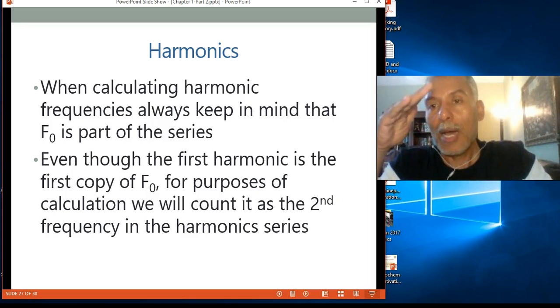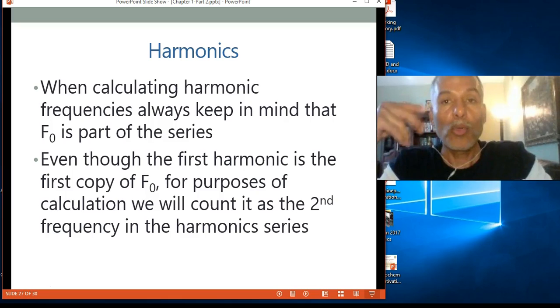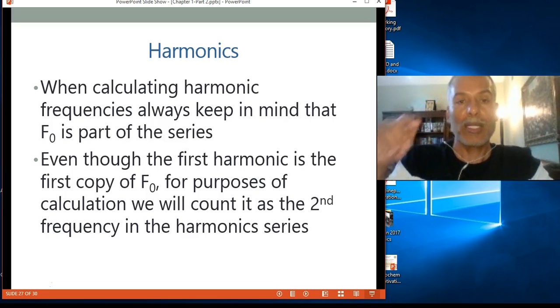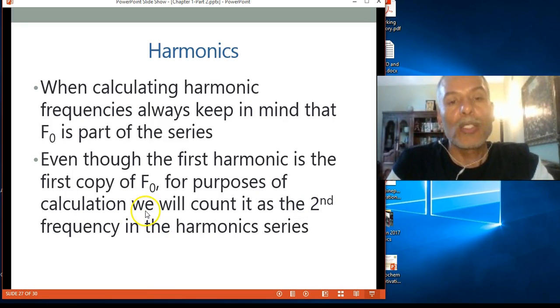We just number the columns so we can calculate each one. Because it will be tricky later. There will be another kind of harmonics that we will calculate. So even though the first harmonic is the first copy of the fundamental frequency, for the purpose of the calculations, just call it number 2 or frequency number 2 in that series.